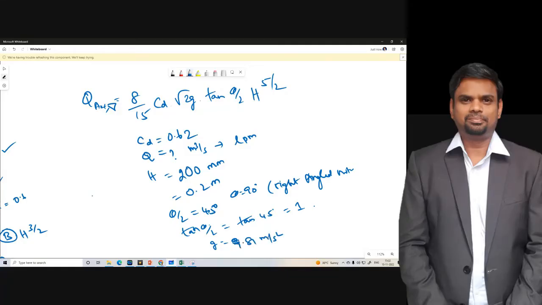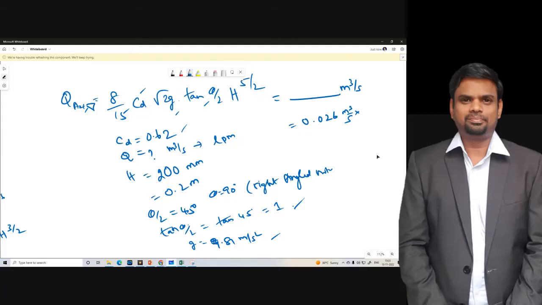So we have Cd value 0.62, g value 9.81 meter per second square, tan 45, and H equal to 0.2. So we are going to get the straightforward answer in meter cube per second. How much do we get? 0.026 meter cube per second.